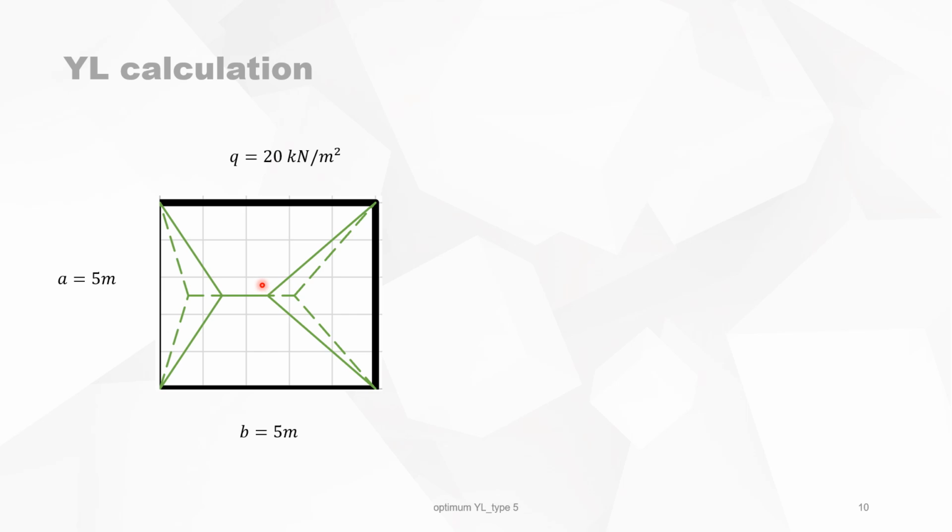Let's take an example of a square slab on 3 sides fixed and with a size of 5 meters and a load of 20 kilonewton per square meter. So alpha is 1. The 30, 45, 60 rule gives you a bending moment of 11.9. The maximum bending moment is 12.1 kilonewton meter per meter.